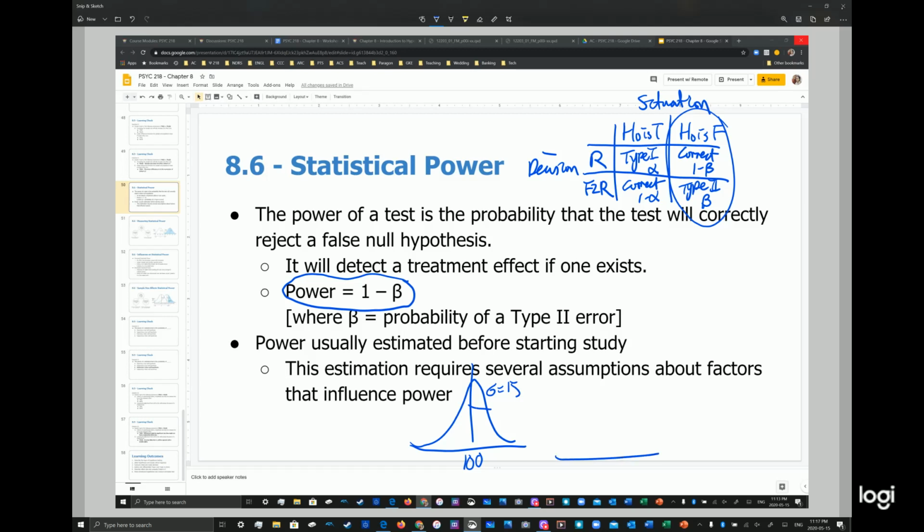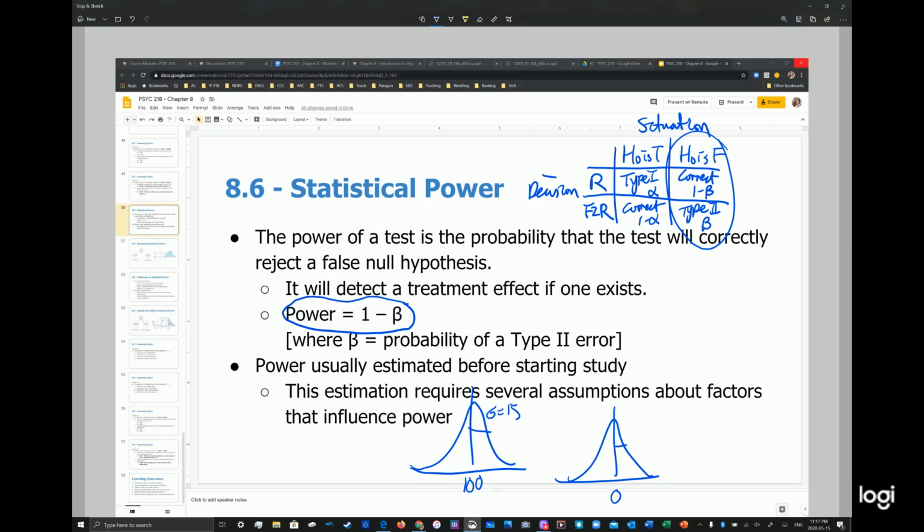Okay, so you can have your null distribution, for example, and let's say I'm using a sample size of 25. So therefore my standard error would be 15 divided by the square root of 25, which is 5, well, 3. So this would be one null distribution.